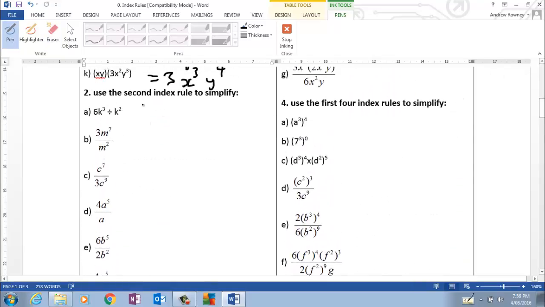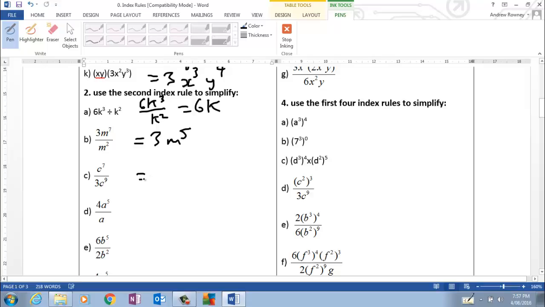Down here we've got that divide sign really means that you have a fraction sign there. So that's k cubed divided by k squared, and you take the powers, so it's k to the 1, or just k. This one here, 7 take 2, that's m^5.